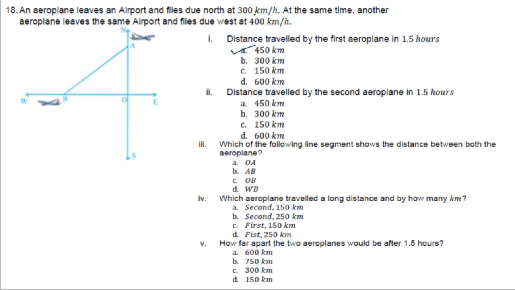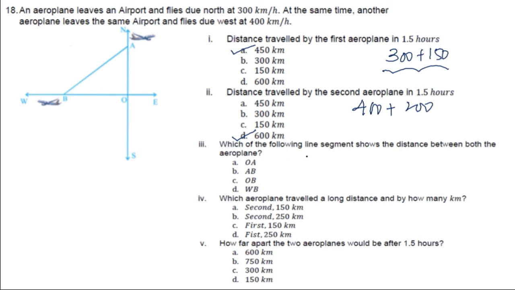First aeroplane is 300 km per hour, means in 1 hour 300 km. So 300 added to another 150, it gives 450 kilometers. The distance traveled by the second aeroplane in 1.5 hours, it is 400 plus 200, so it becomes 600 kilometers.